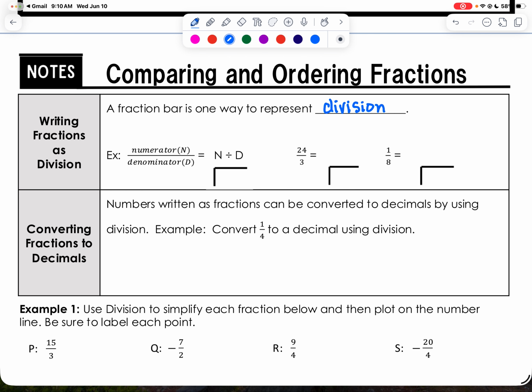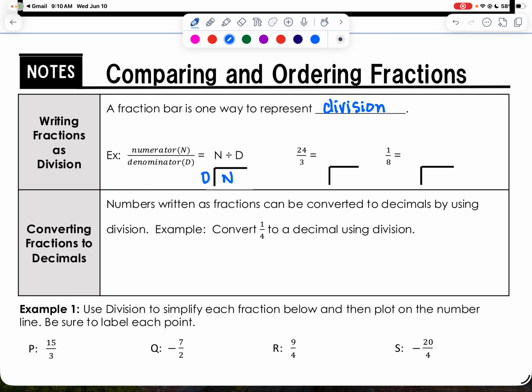So if I have a fraction, the numerator's on top and the denominator's on the bottom, and that simply means you're going to take the numerator, whatever it is, and divide it by the denominator. If you're going to make a long division problem out of it, then you're trying to find out how many times the denominator will go into the numerator.